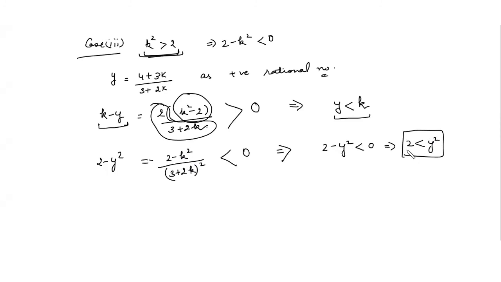Again you get a contradiction. Now what contradiction? Here you have a number y which is less than k, where k is the least upper bound of the set S. If k is the least upper bound of the set and y is less than this number, then clearly y belongs to S, because it is a rational number satisfying this condition. Is this point clear?